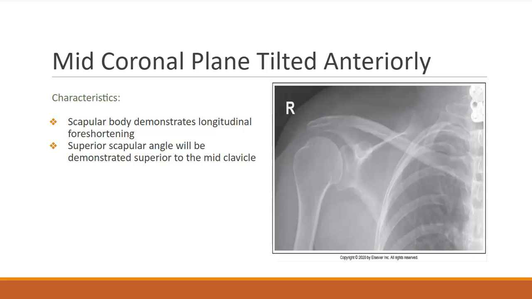This means that the scapula will appear compressed along its length, altering its normal anatomical representation in the image. Additionally, the superior scapular angle will be positioned superior to the mid-clavicle. This misalignment can affect diagnostic accuracy and requires repositioning of the patient to obtain an optimal radiograph.